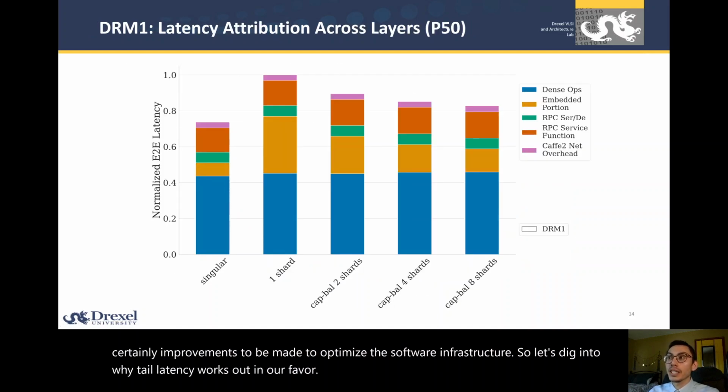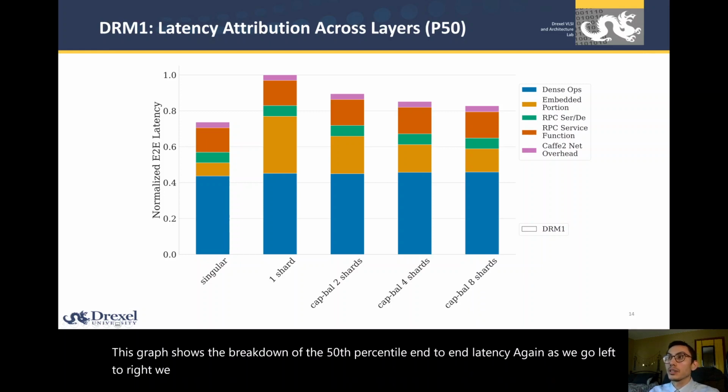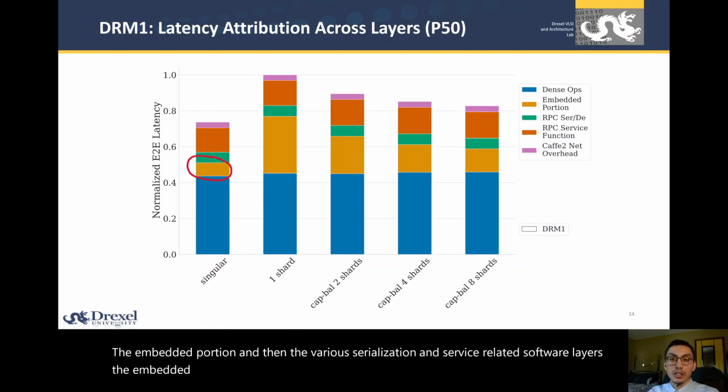This graph shows a breakdown of the 50th percentile end-to-end latency. Again, as we go left to right, we are increasing the number of shards. The layers from top to bottom are dense operators, the embedded portion, and then the various serialization and service-related software layers. The embedded portion constitutes just the sparse operators, so the embedding lookup and the pooling operators for the non-distributed model.